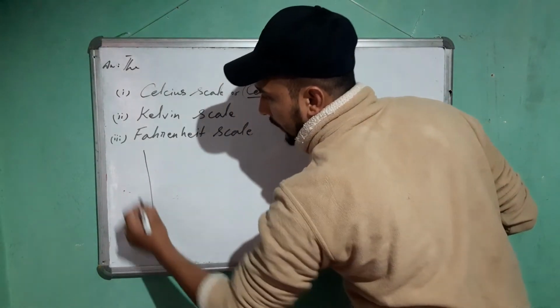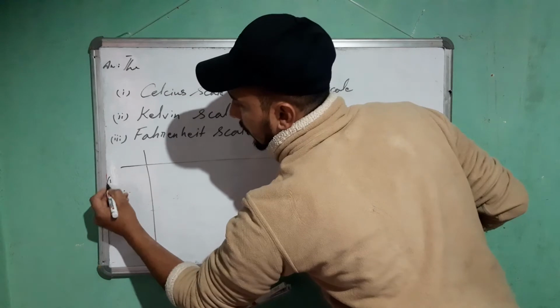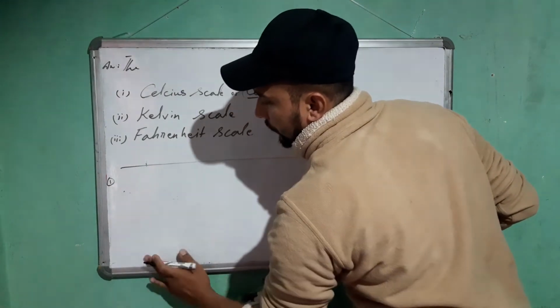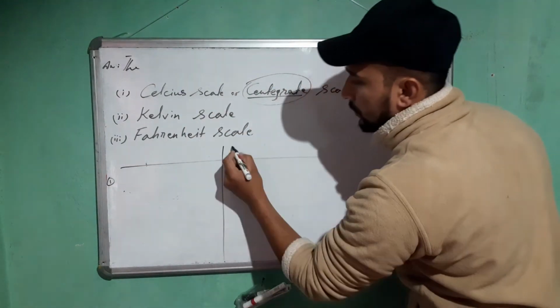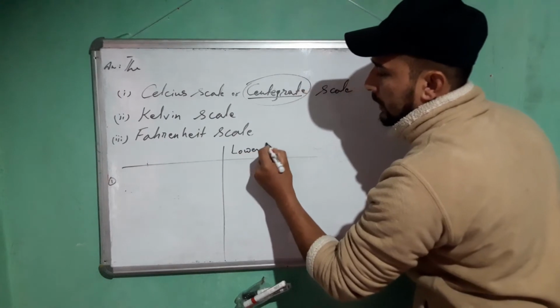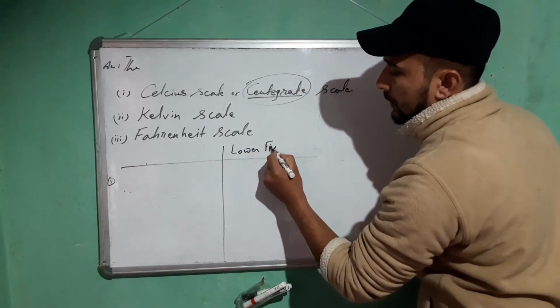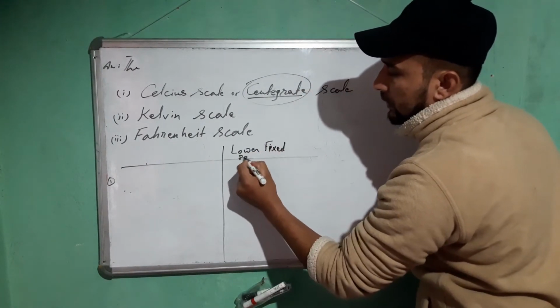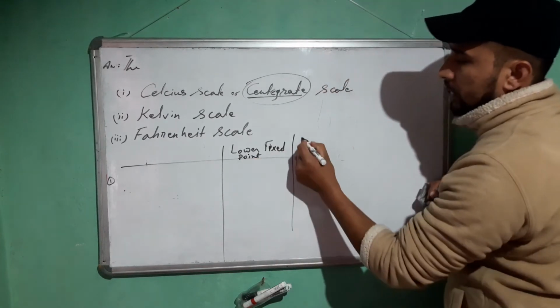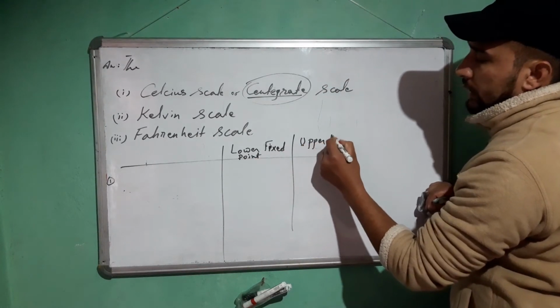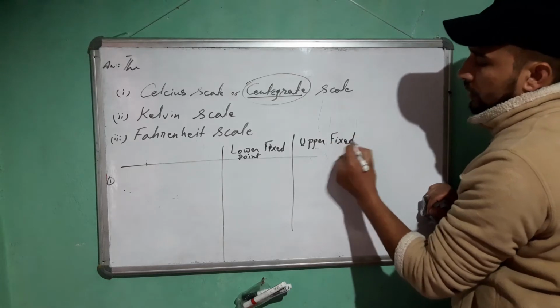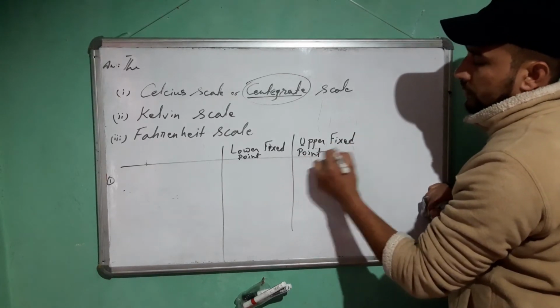Next, you make the table. Okay, number one, your lower fixed point. Next is upper fixed point.